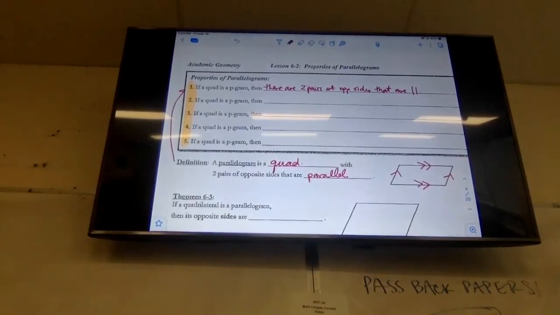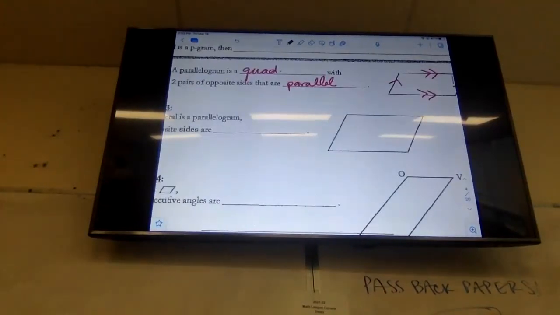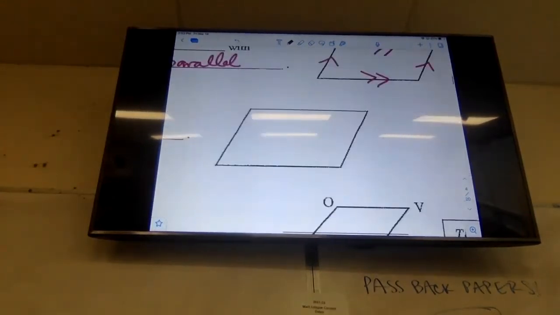The second thing we need to know about parallelograms is that their opposite sides are what? Their opposite sides are parallel, but they are also congruent. They are congruent, which is nice. We want them to be. Those are going to have 1 mark. These are going to have 2 marks. That shows me that they are congruent.